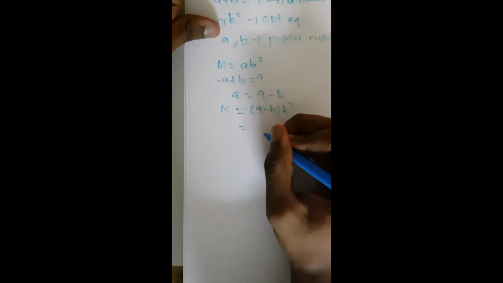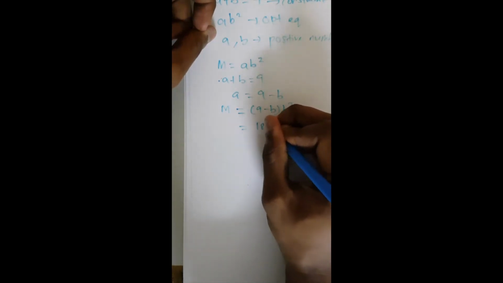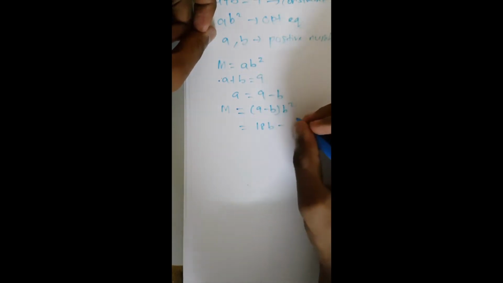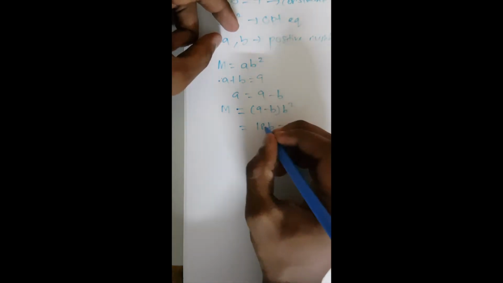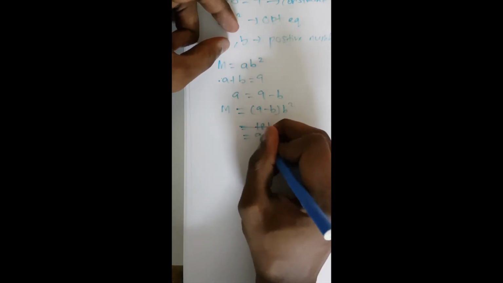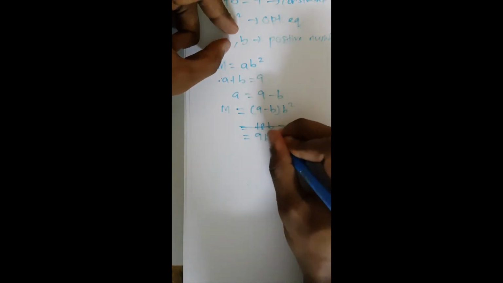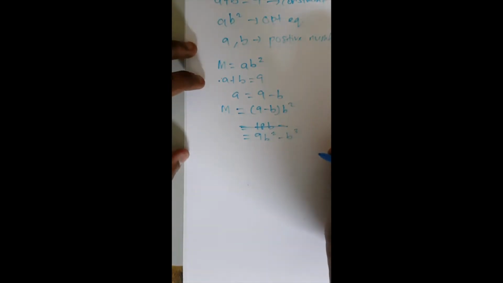That equals, sorry, my bad, 9b squared minus b cubed.